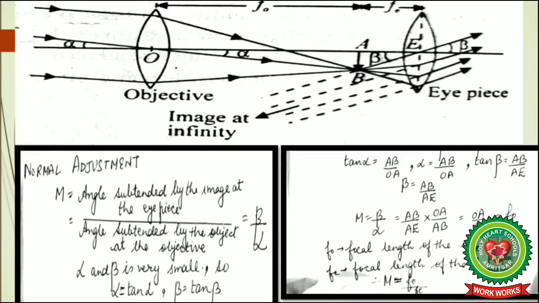Normal adjustment. M is equal to angle subtended by the image at the eyepiece to the angle subtended by the object at the objective. This is equal to beta over alpha. Alpha and beta, since they are very small, so we can take alpha as tan alpha and beta as tan beta.